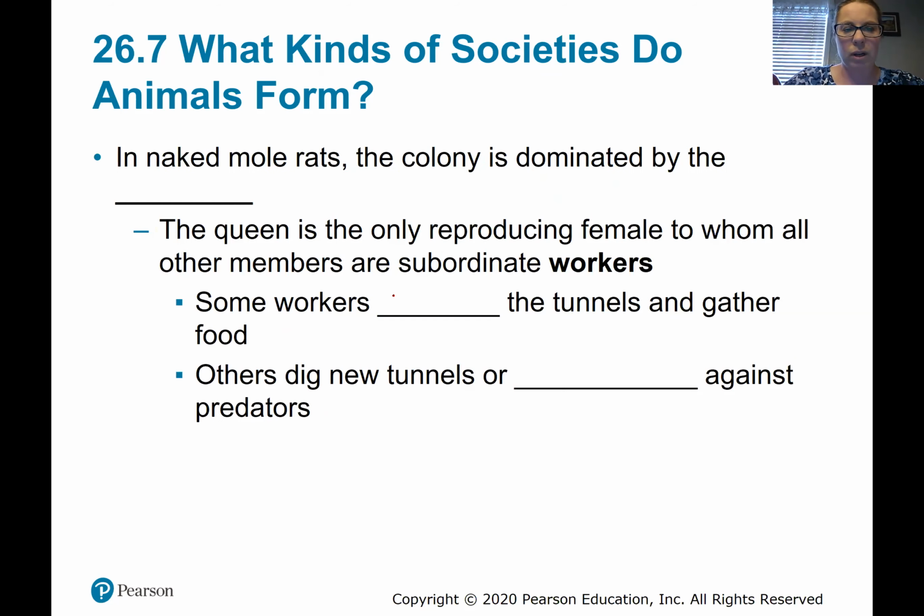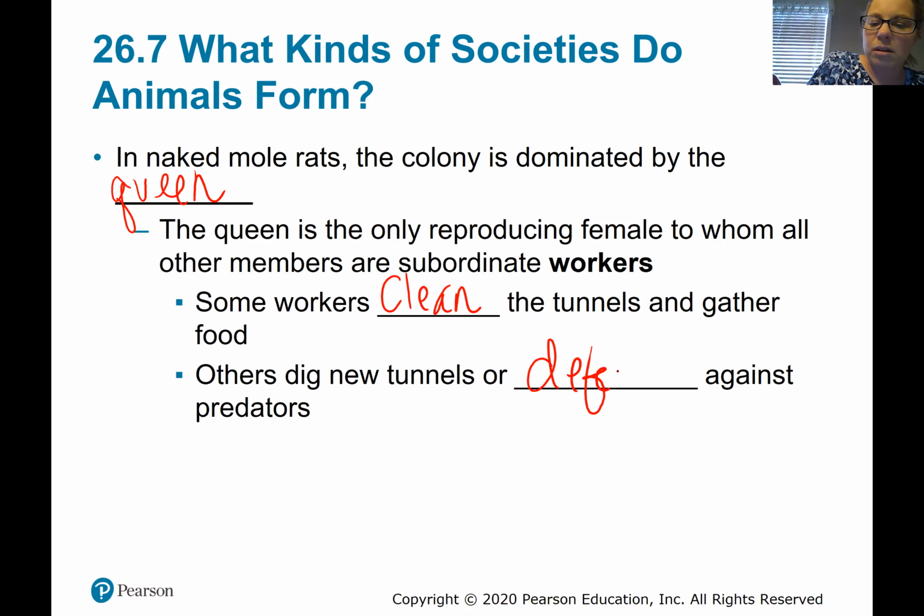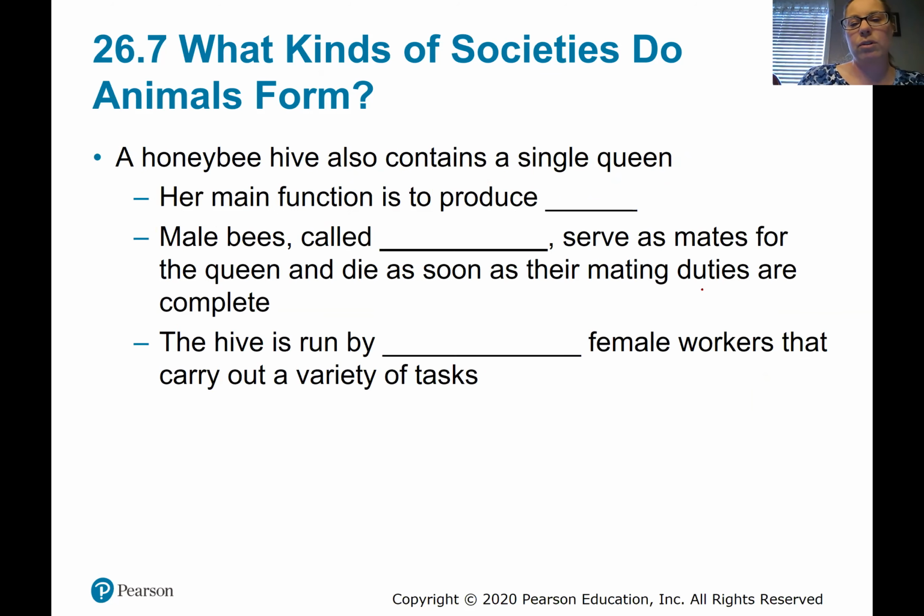In the mole rat, the colony is dominated by a queen, and she's the only reproductive female. And then she has the workers, and some workers clean the tunnels and gather food, and others dig new tunnels and defend against predators. Very similar to a bee hive or bee society.